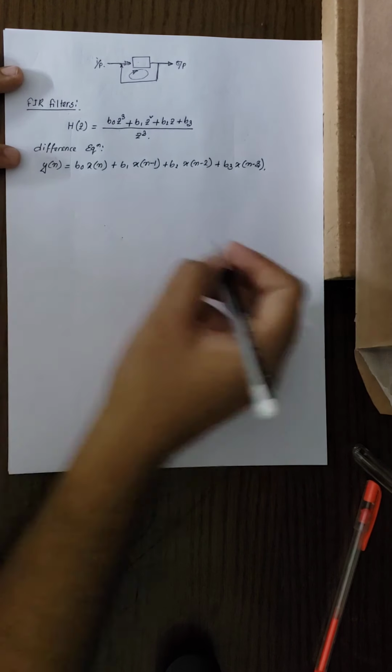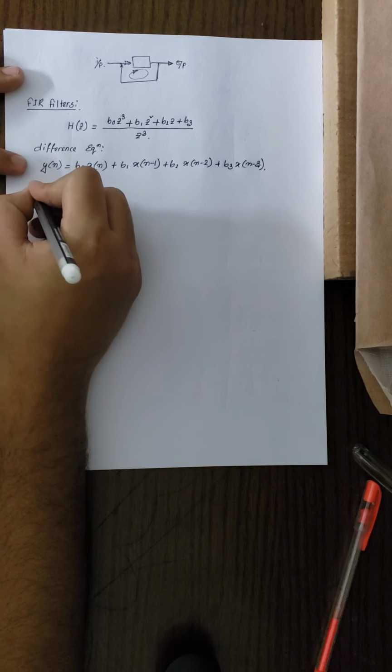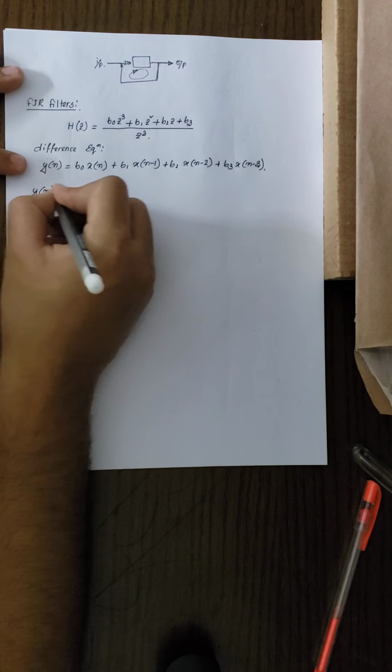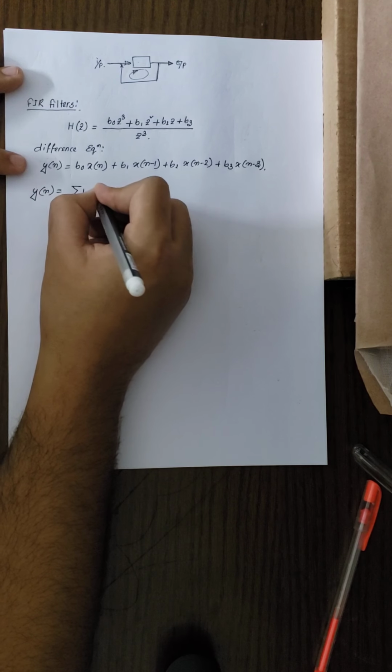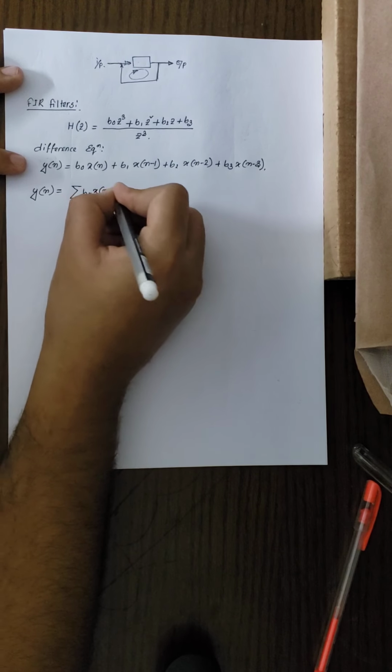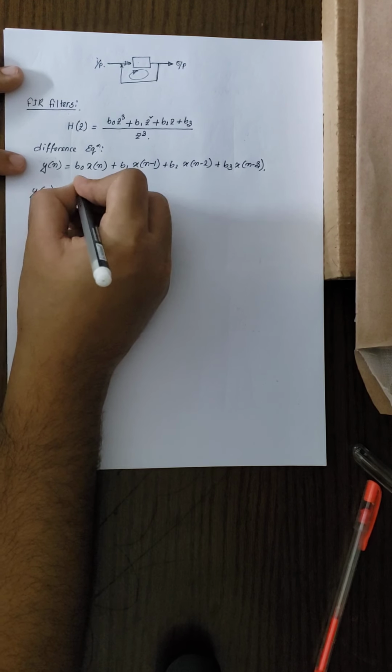And if that is the case, we can generalize this form. y of n can be written as summation of bk x of n minus k, where k goes from 0 to capital N.